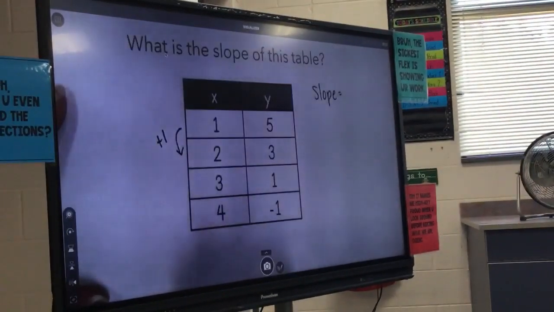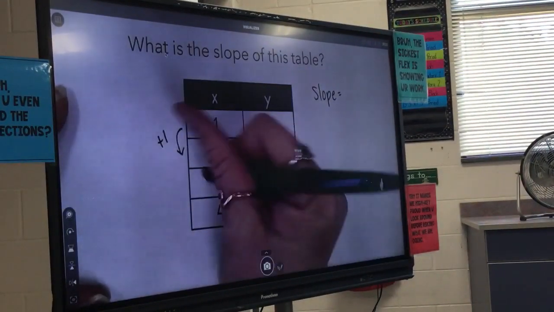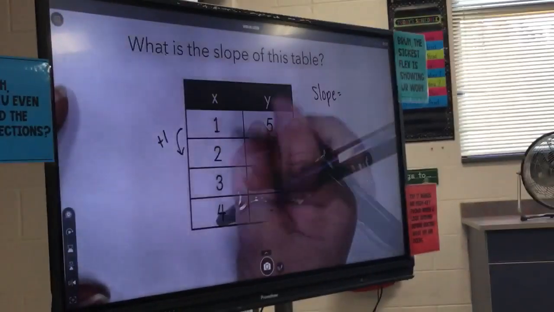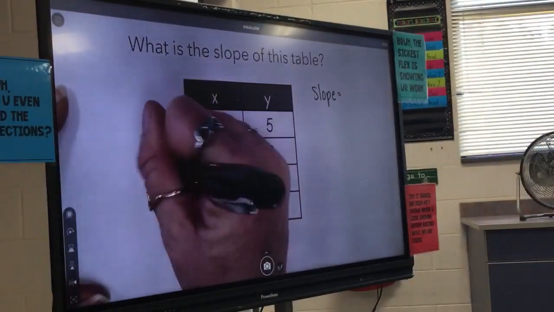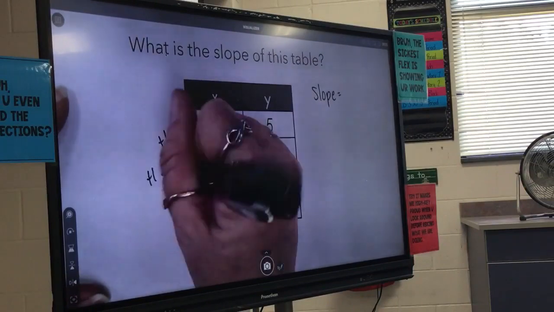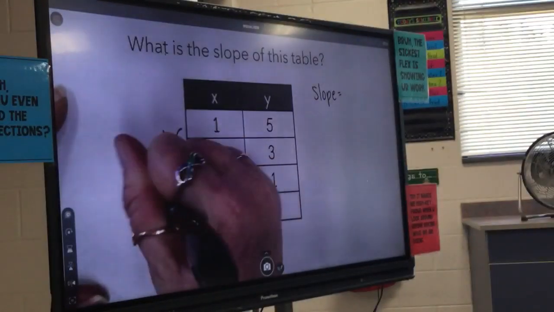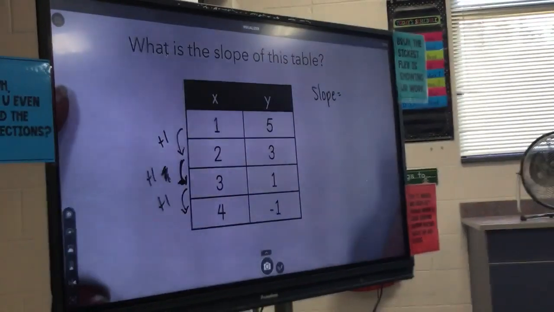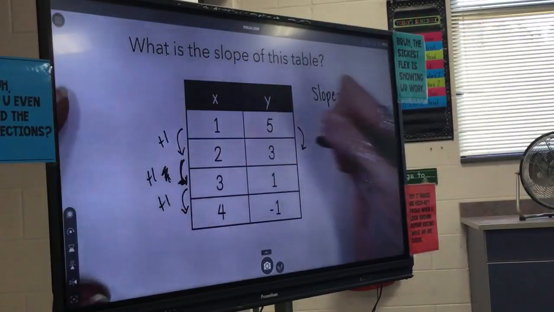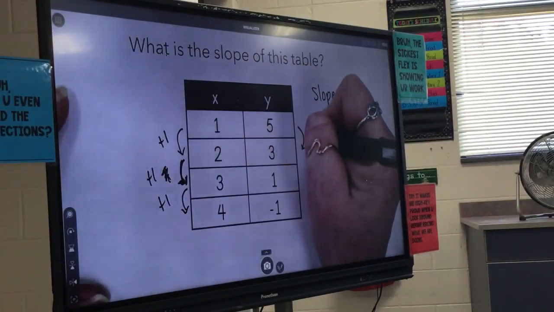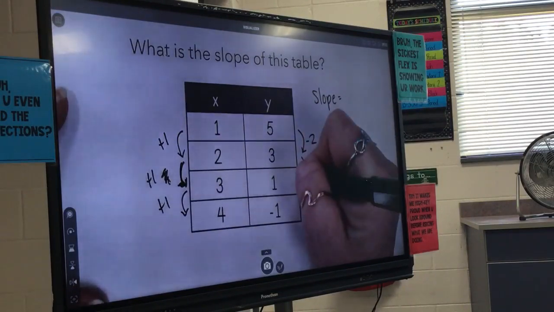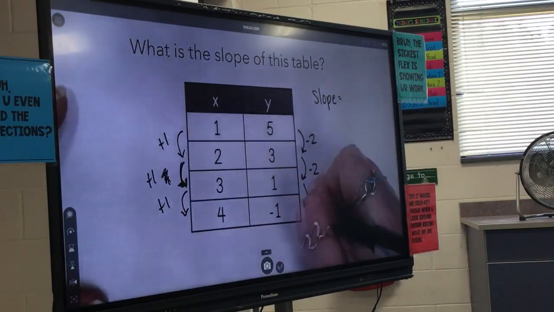Like, does it have to keep going as +1? Yes. Okay. If it doesn't go as +1, then you know that it is not a linear line. All right? And then on the other side, go AB, divide or subtract 2. All the way down. Okay?